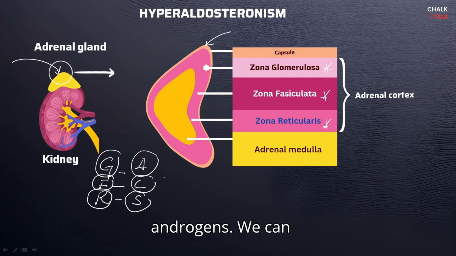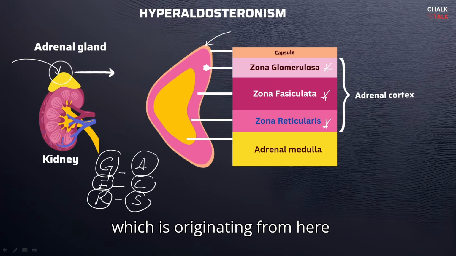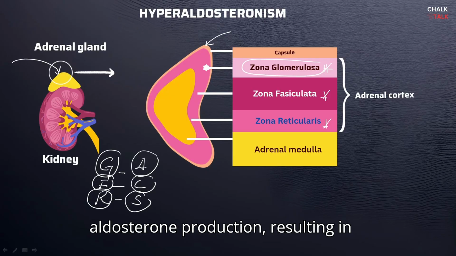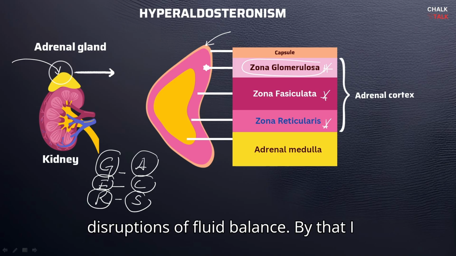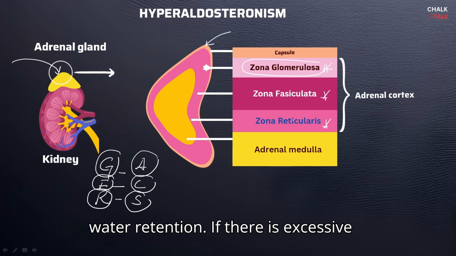So obviously, it's important to understand that tumors and hyperplasia originating from here, zona glomerulosa, can actually lead to excessive aldosterone production, resulting in disruptions of fluid balance. By that I mean the control of sodium and water retention.